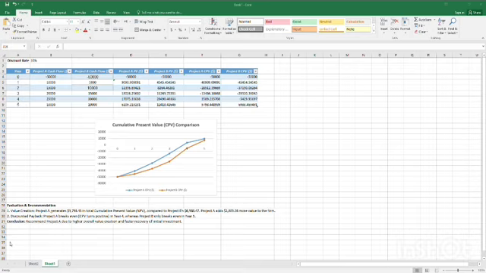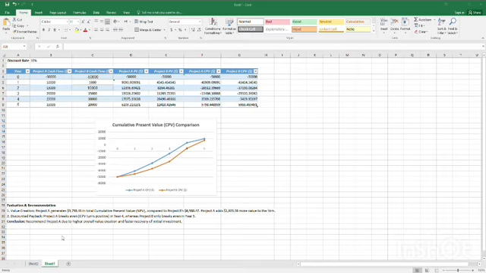Project A delivers a total net present value of $9,798, whereas Project B delivers $6,988.47. Accepting Project A adds $2,809.98 more value to the firm.